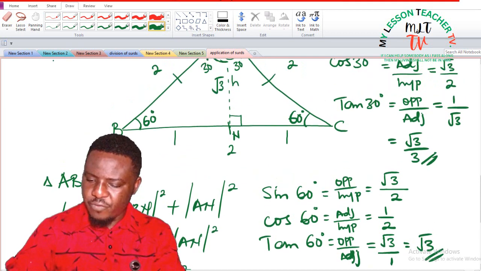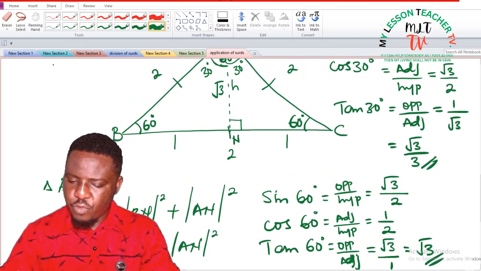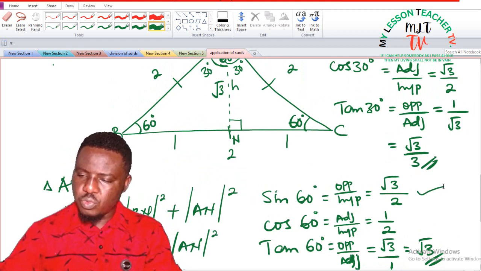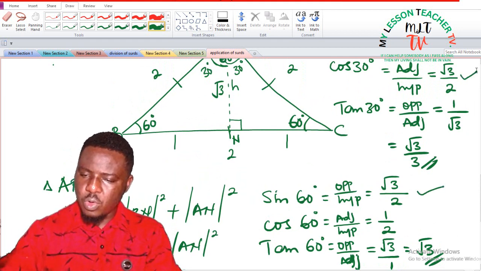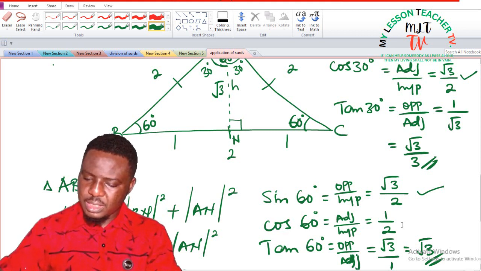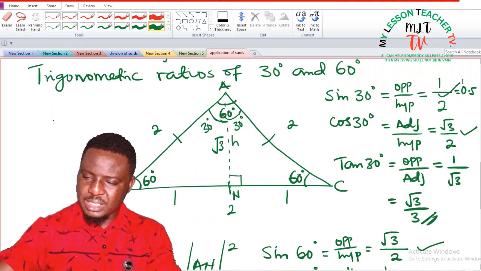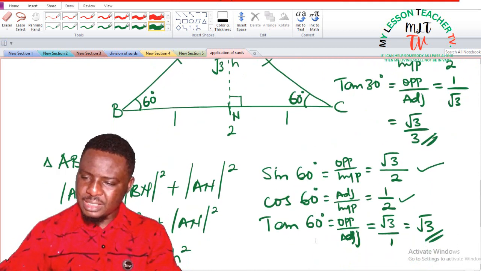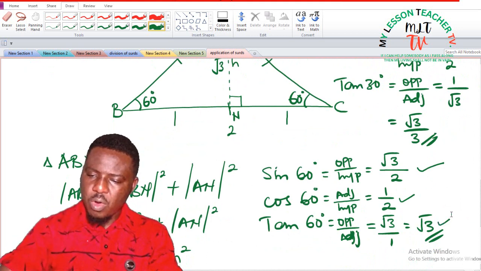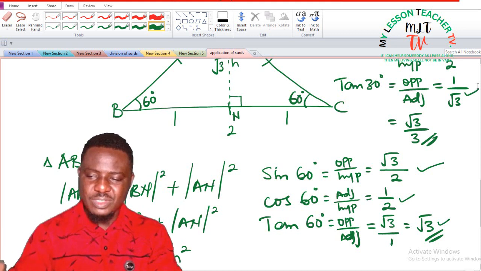Now, let's confirm something. If you look at sine 60 degrees, you agree with me that sine 60 degrees, which is root 3 over 2, is equal to cos 30 degrees, while cos 60 degrees, which is 1 over 2, is equal to sine 30 degrees, and tan 60 degrees is the reciprocal of tan 30 degrees.